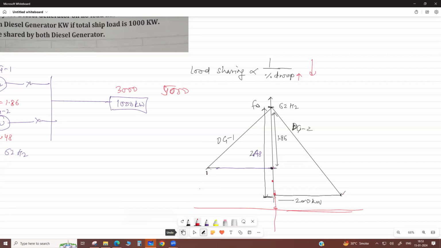Clear? But our load is only 1000 kilowatt. It means where does it operate? Above here, it is very little, 1000 is only this much.